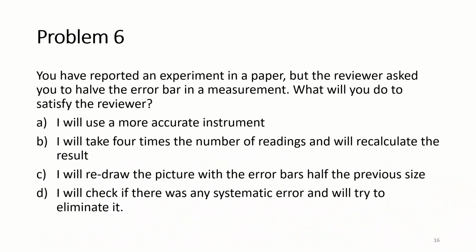So you have reported an experiment in a paper, but the reviewer asked you to halve the error bar in a measurement. What will you do to satisfy the reviewer?